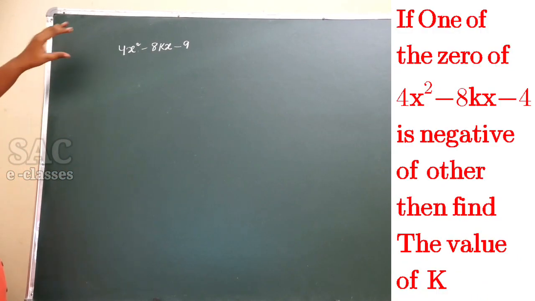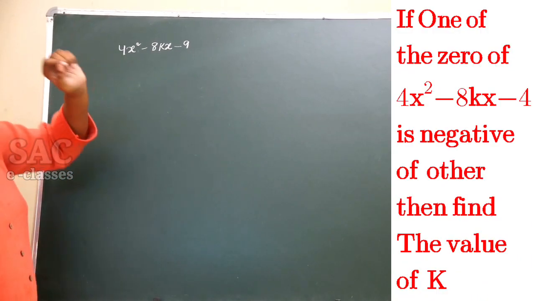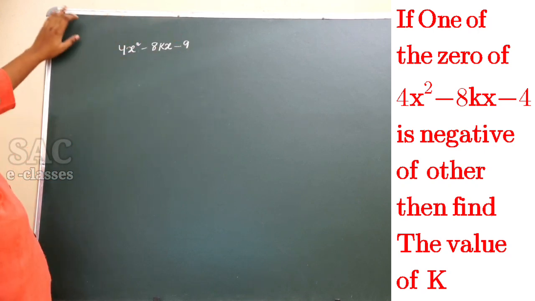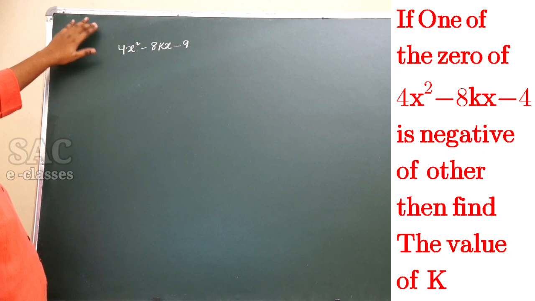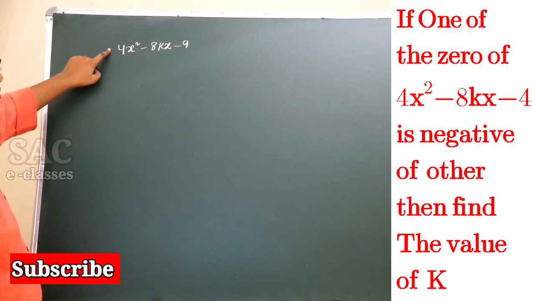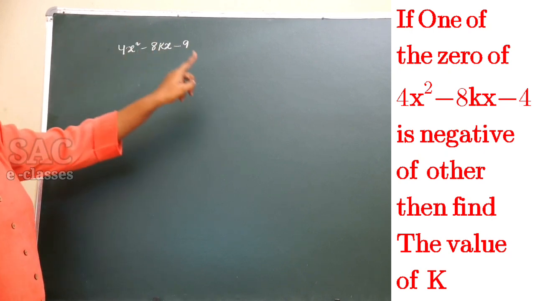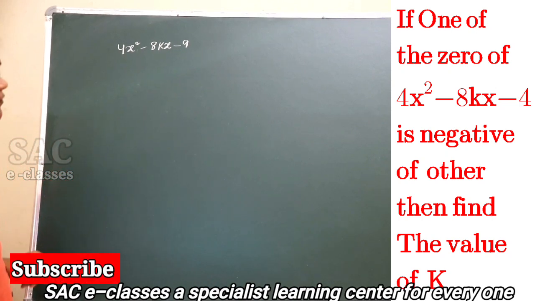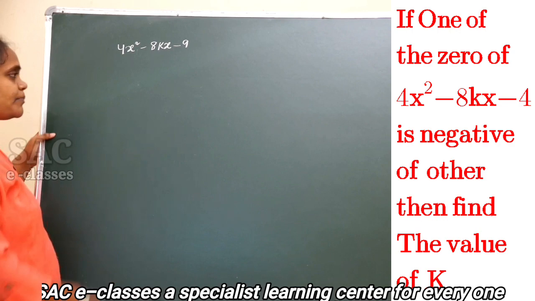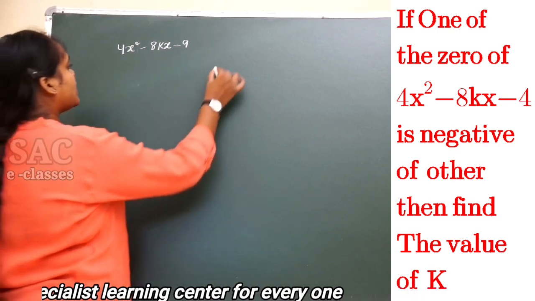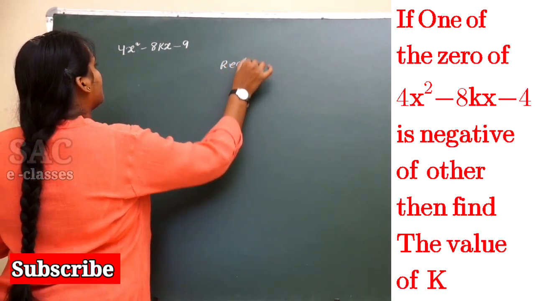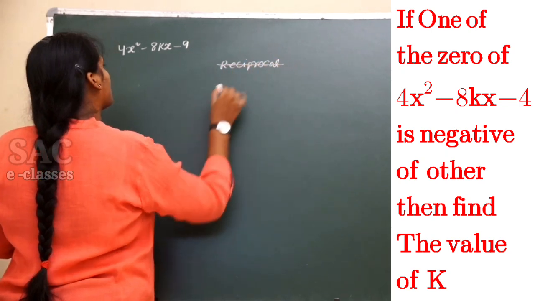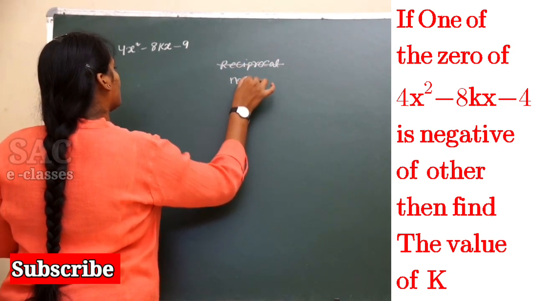Now the next model problem, a very important MCQ or maybe 1 mark problem: if one of the zeros of the quadratic polynomial 4x square minus 8kx minus 9 is the negative of the other, then find the value of k. In the previous problem we had the word reciprocal, but this time they did not use reciprocal, they have used negative.